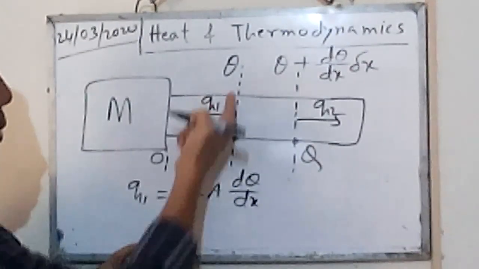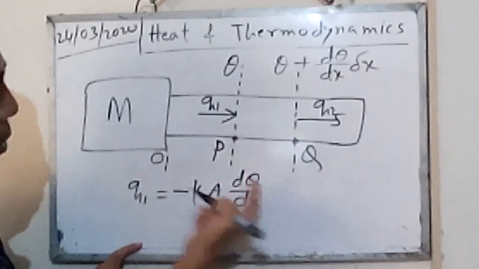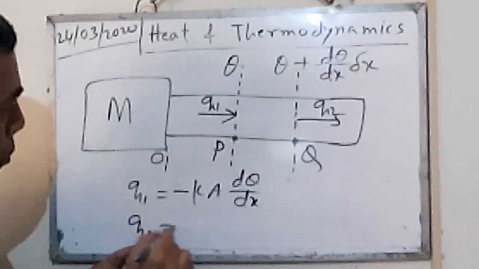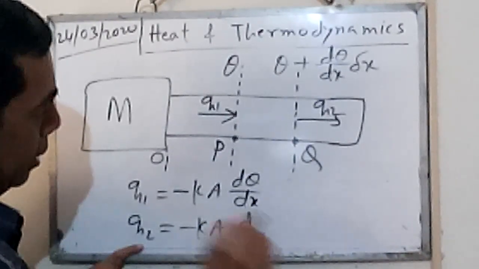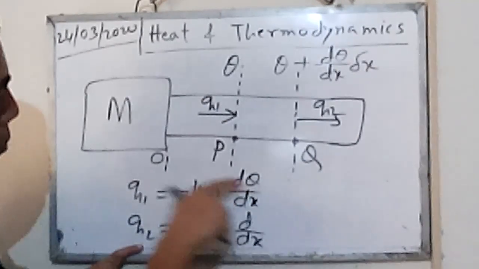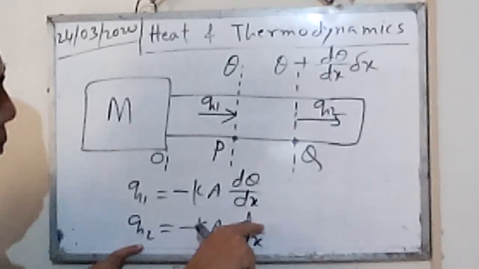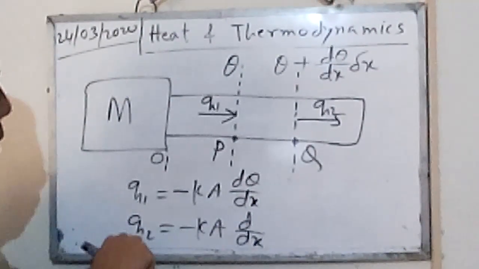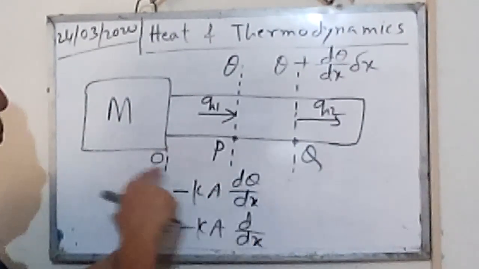Theta is the temperature at point P. Now Q2 equals minus Ka d by dx, and this theta is for Q1 at point P. Now what is the temperature for Q2 at point Q?